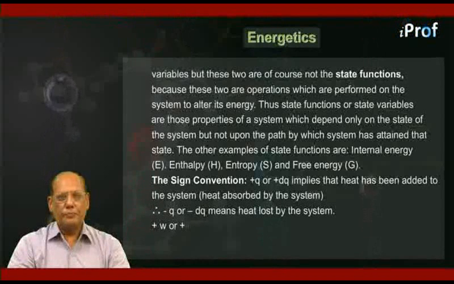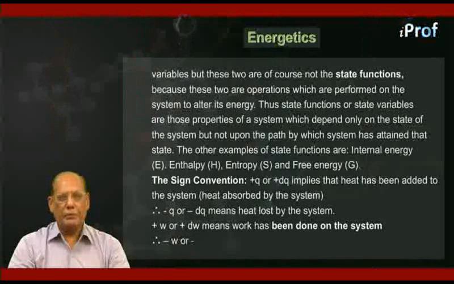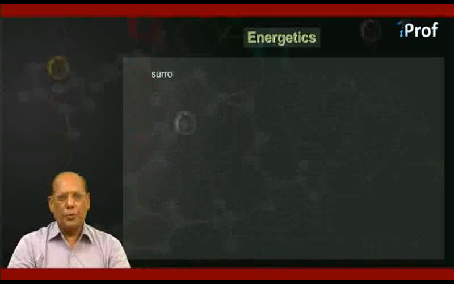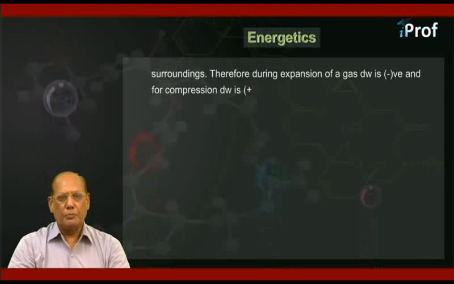Plus W or plus dW means work has been done on the system. Therefore, minus W or minus dW means work has been done by the system on the surroundings. Therefore, during expansion of a gas, dW is negative, and for compression, dW is positive.